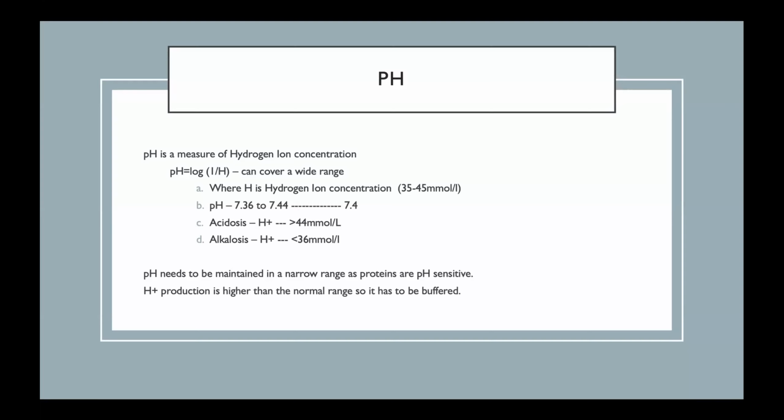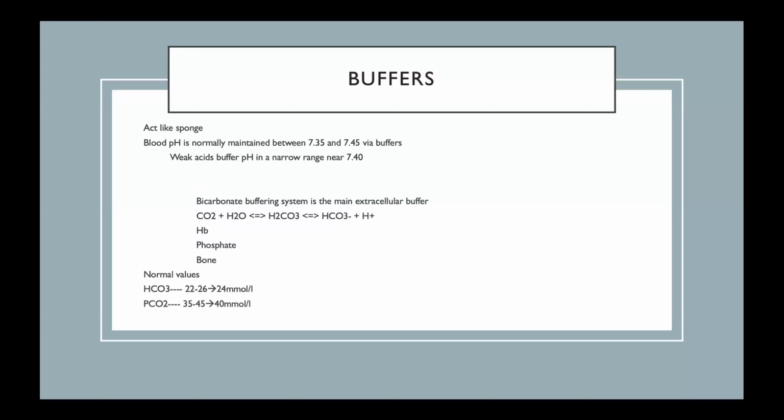If it is acidosis, hydrogen ions are generally more than 44 millimoles per liter. If it is alkalosis, hydrogen ions are generally less than 36 millimoles per liter in the blood. To maintain the pH in the body at an optimal level, we have buffers.